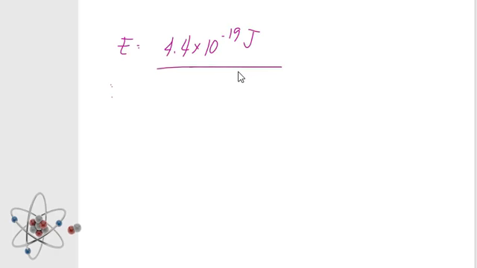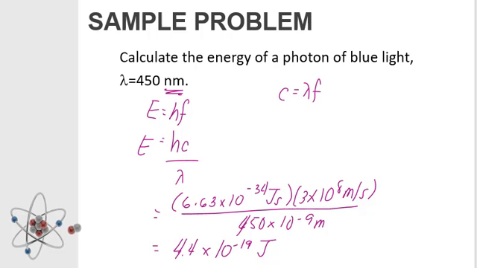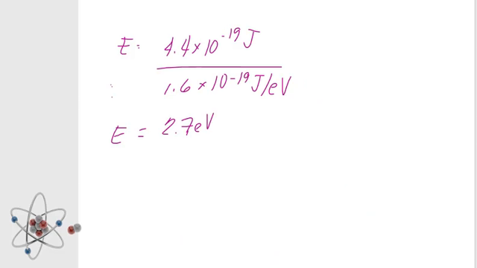So dividing them, you will have an energy expressed in electron volts, which is equivalent to 2.7 electron volts. Okay, so that is the energy of the photon of blue light.